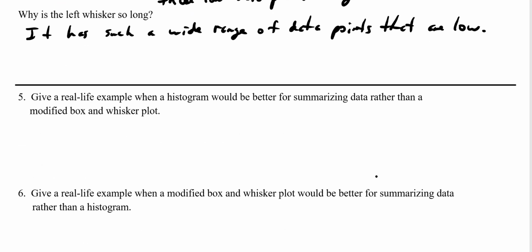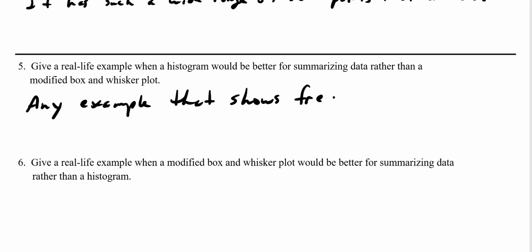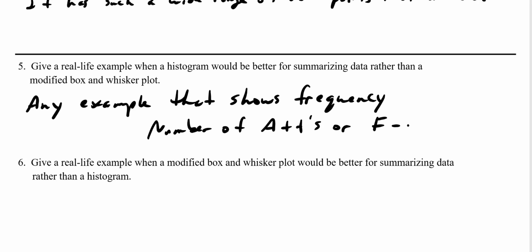Number 5, give a real-life example when a histogram would be better for summarizing data than a modified box and whisker plot. So basically, and we kind of even talked about this before, guys, any example that shows frequency. So if I said something like number of A pluses or F minuses, brutal.